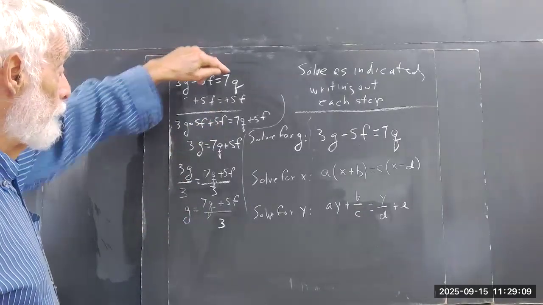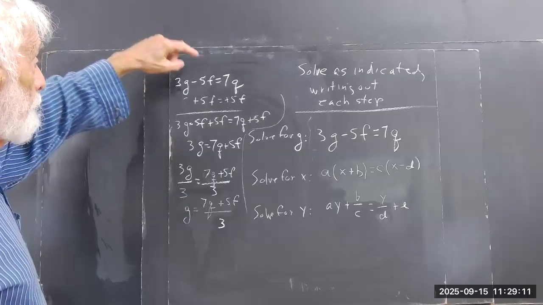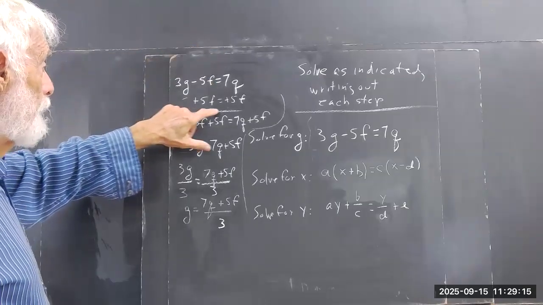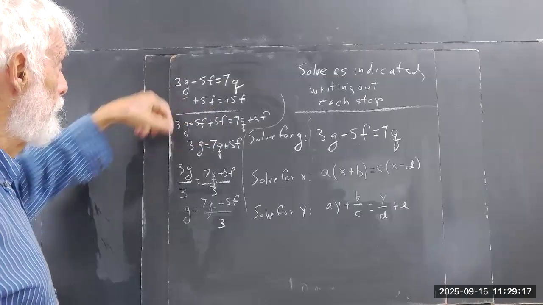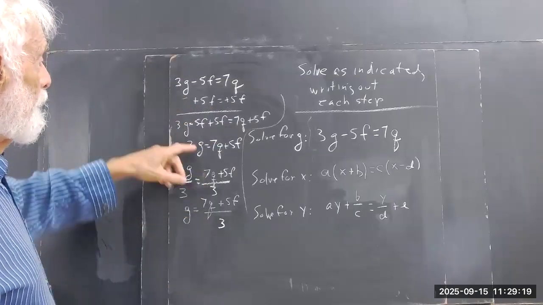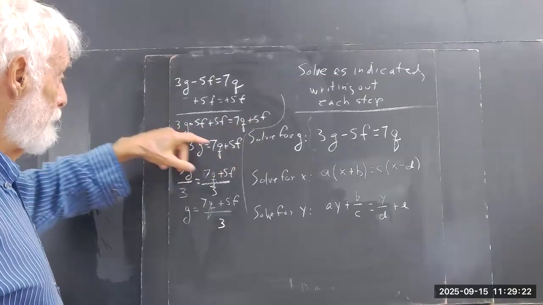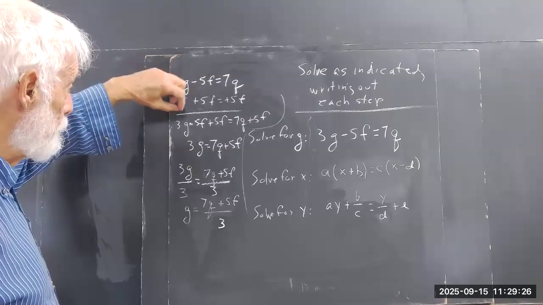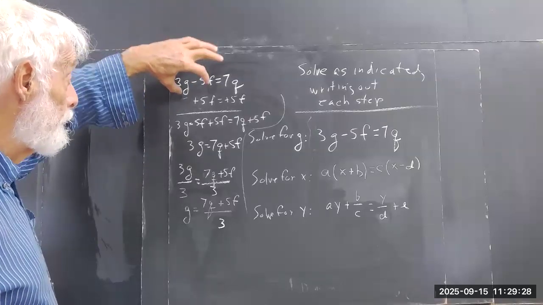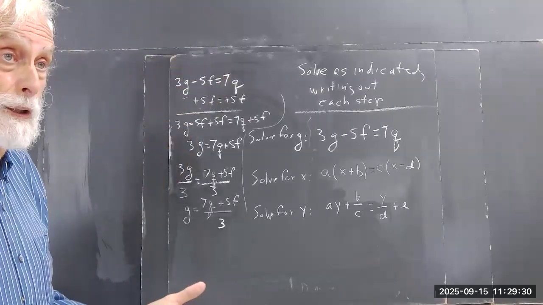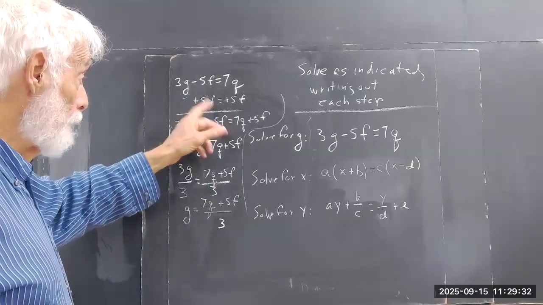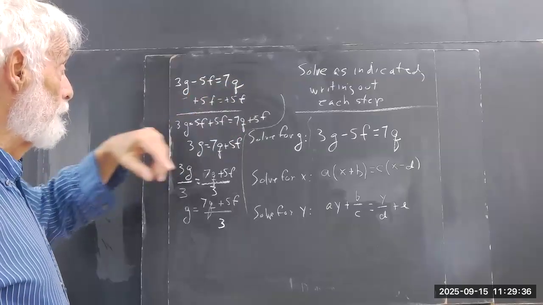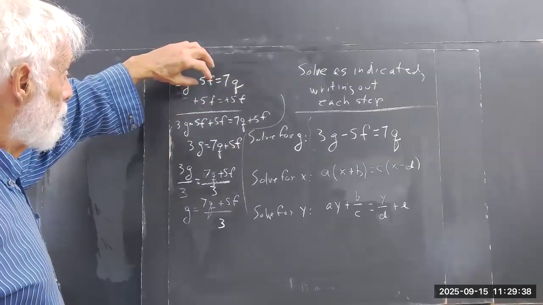So we start with our equation, 3G minus 5F equals 7Q, and we add 5F to both sides, okay? Then I write the step out. I write the 3G minus 5F plus 5F, because that's what you get when you add this side to this side of the equation. We have two equations here, 5F equals 5F, 3G minus 5F equals 7Q, okay?